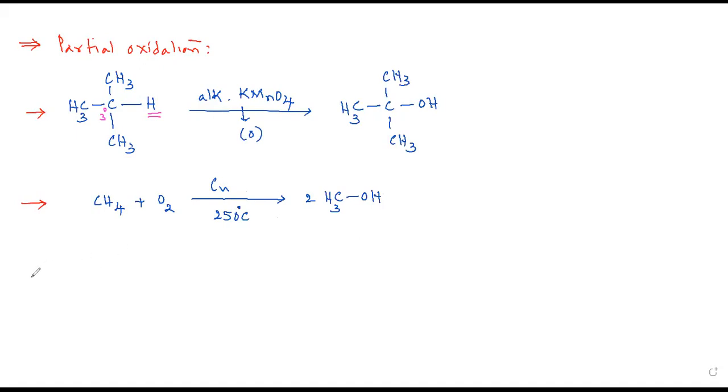The same thing with a different catalyst, molybdenum oxide at 350 to 500 degrees centigrade, gives formaldehyde.